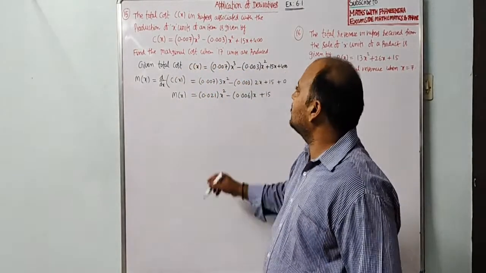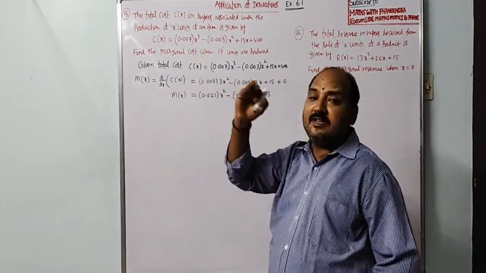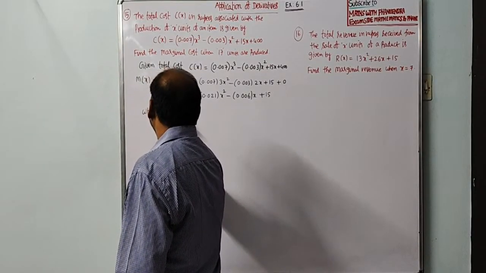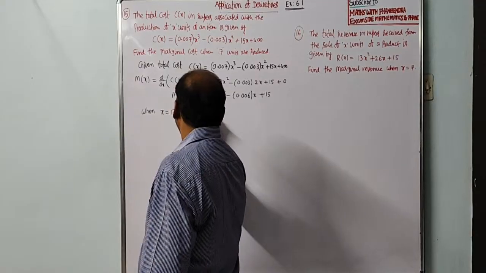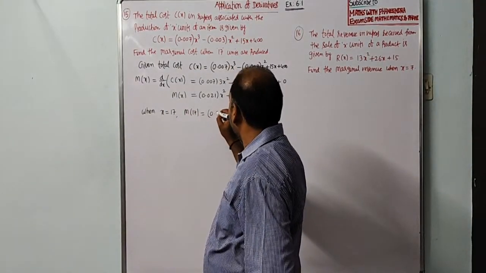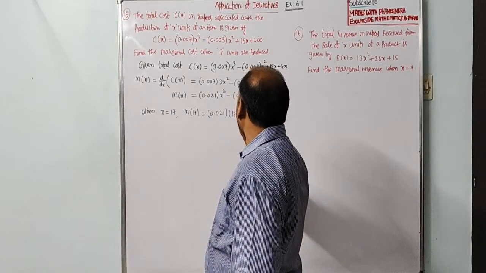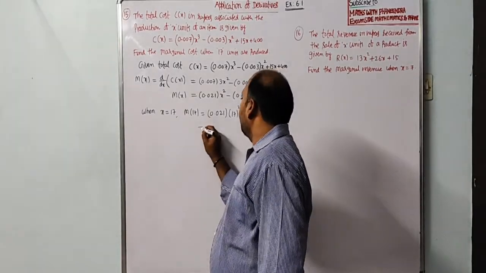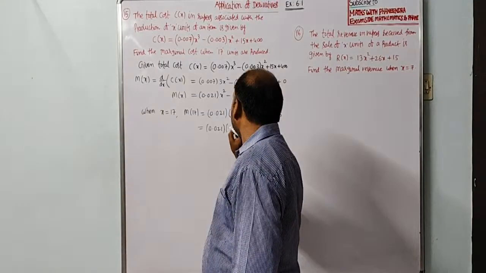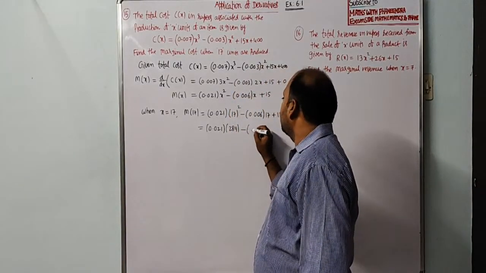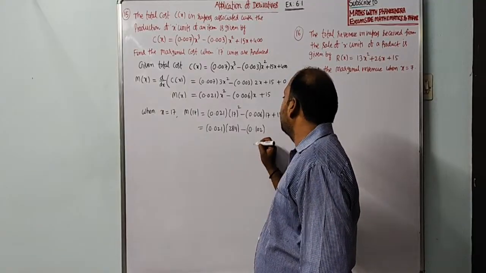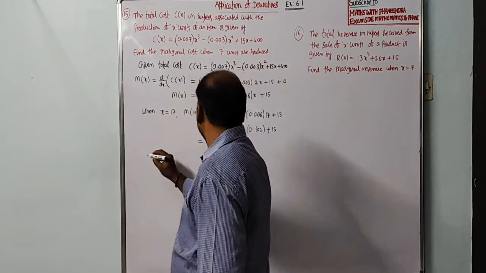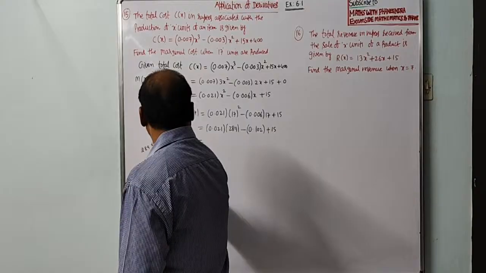After getting the marginal cost, if we want the marginal cost when 17 units are produced, when x is equal to 17, then the marginal cost is m of 17. So 0.021 into 17 square minus 0.006 into 17 plus 15. So 0.021 into 289 minus 0.102 plus 15. We need to multiply 289 into 0.021.